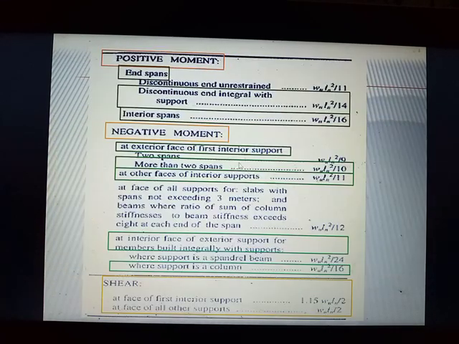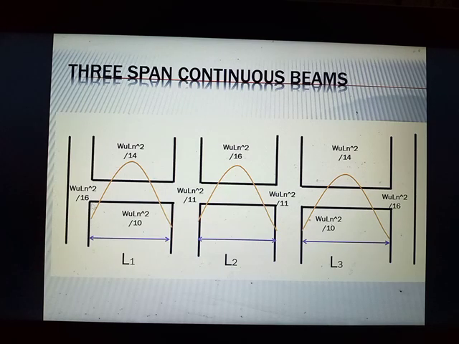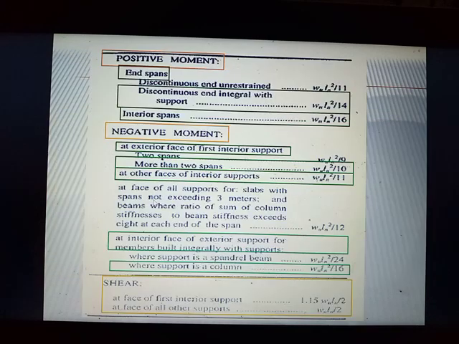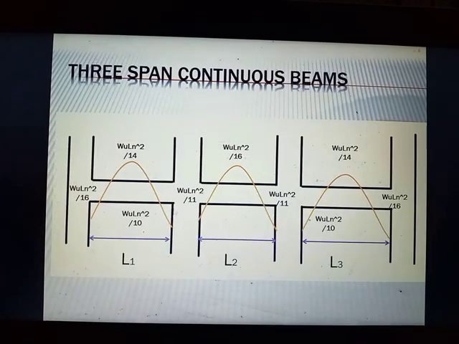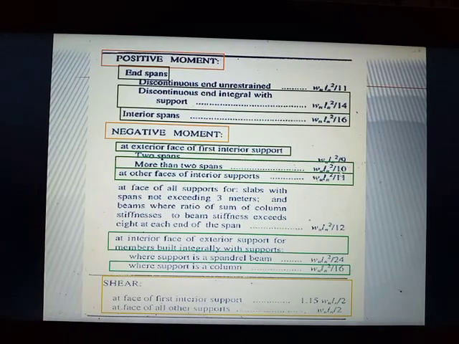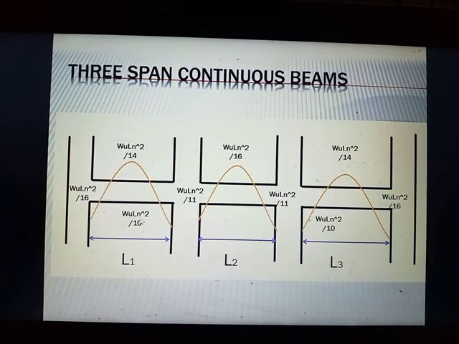So for the exterior face of the first interior support, it is said that it should be WLN squared over 10. That's why we use this.